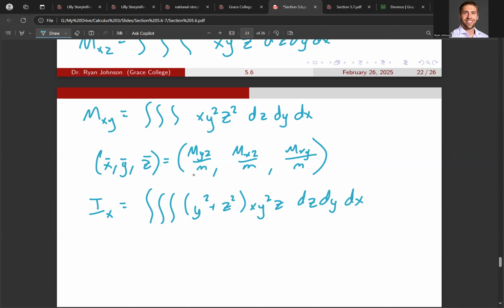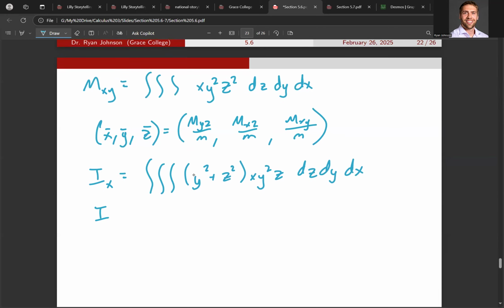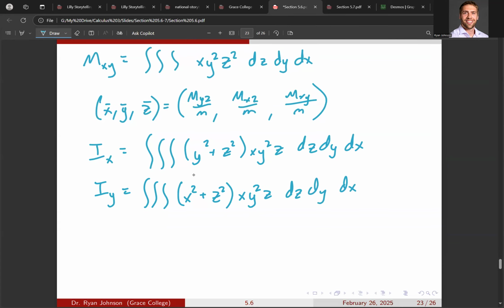And then I would compute I y. That would be that triple integral with x squared plus z squared times x y squared z. And then I z would be that triple integral with x squared plus y squared times x y squared z.